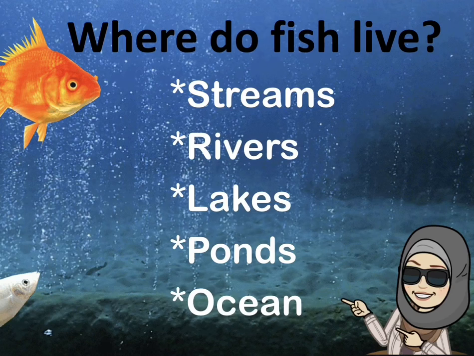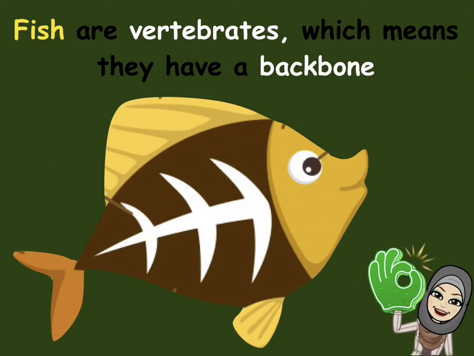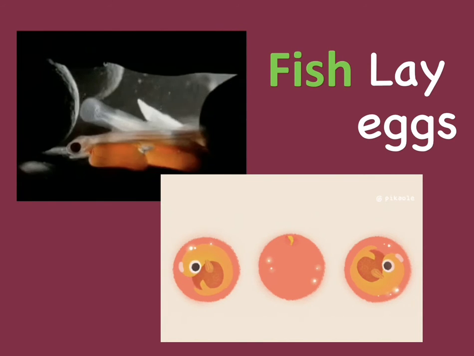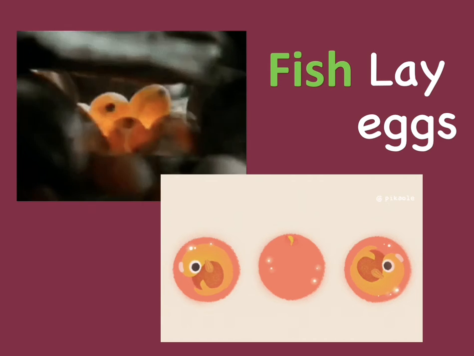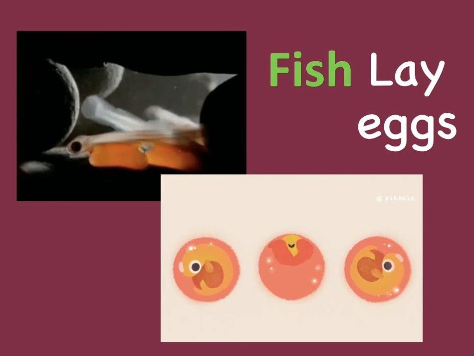They can live in lakes, ponds, and oceans. Fish are vertebrates, which means they have a backbone. Fish lay eggs. When these eggs hatch, new fish will grow and live in the water.